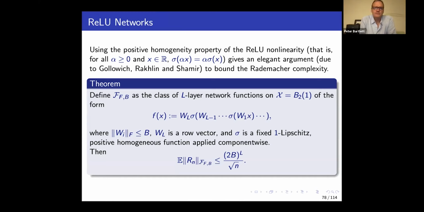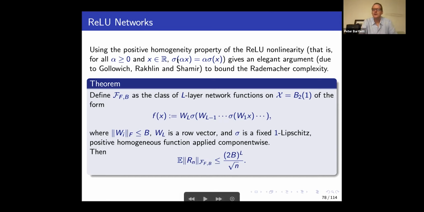So what's the positive homogeneity property? The ReLU nonlinearity is this one that's 0 to the left of 0 and the identity to the right of 0. So it has this nice property. If you scale things by a positive constant, you can pass that through the nonlinearity, right?